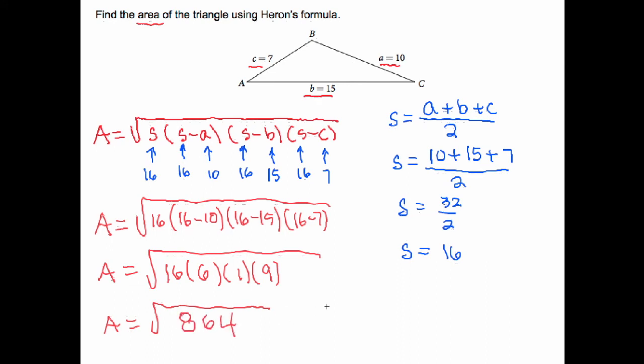If I'm finding the area exactly, it is the square root of 864, which is the same as the square root of 144 times the square root of 6. So the area is 12 times the square root of 6. And if I was approximating this to 1 decimal place, it would be 29.4.